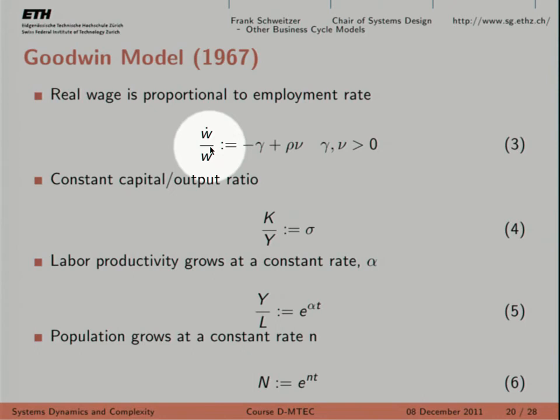Because they can argue, well, if you fire me, or if you don't increase my salary, I will leave, and you will have trouble hiring somebody else, because we have full employment already. So when the employment rate is high, the increase in real wages is also high, right? Because workers have more bargaining power.